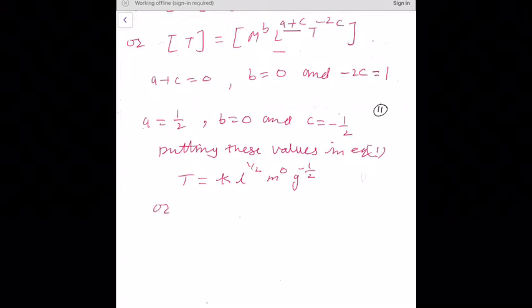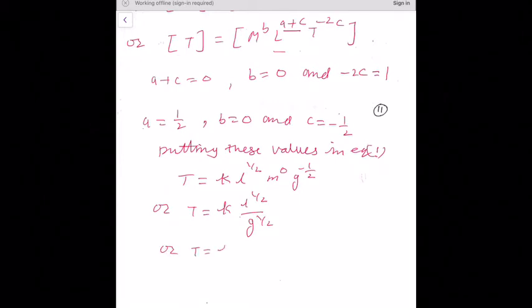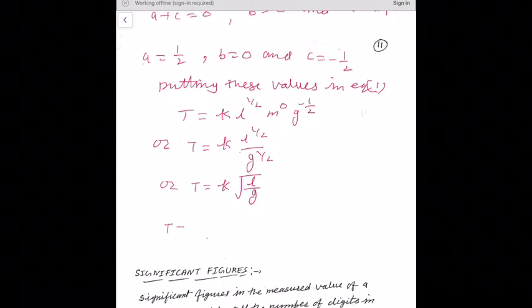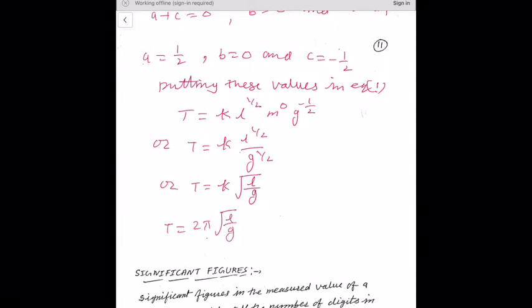Or we can write T is equal to k l to the power half upon g to the power half, or T is equal to k under root l upon g. The value of the dimensionless quantity k is found to be 2 pi through experiment, so we can write T is equal to 2 pi under root l upon g.